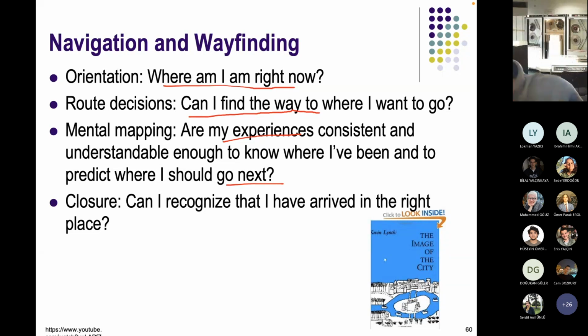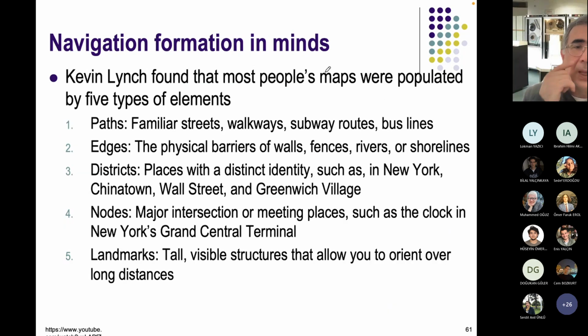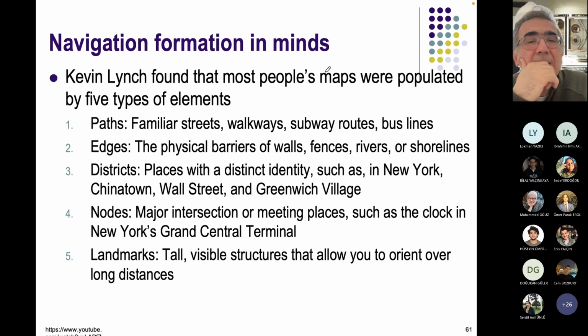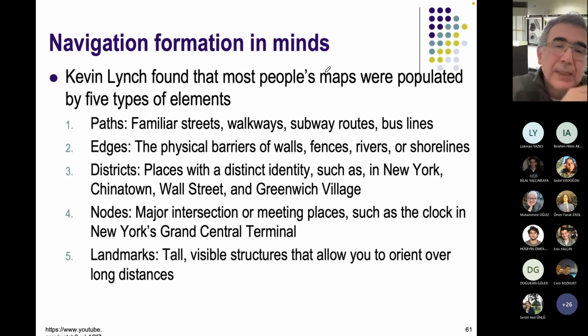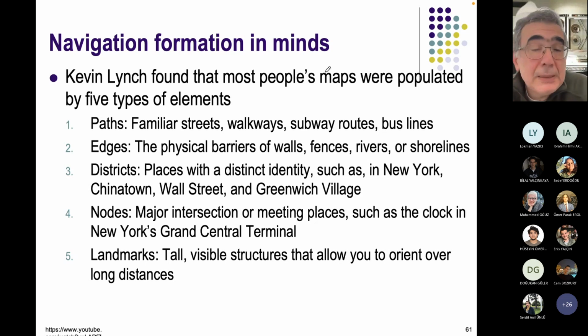So there is a book, again, Image of the City by Kevin Lynch. He says most people's mental maps were populated by five types of elements: path, edge, district, node, landmark. Paths: familiar streets, walkways, bus lines, etc. So you remember paths.